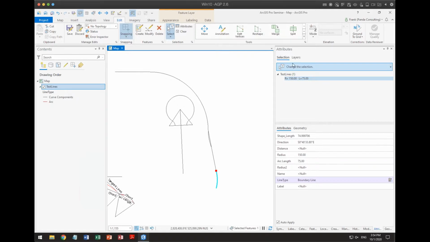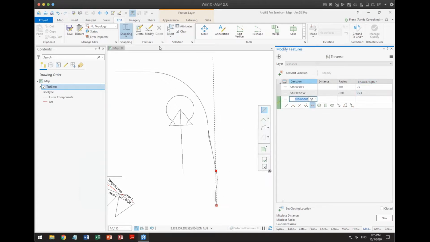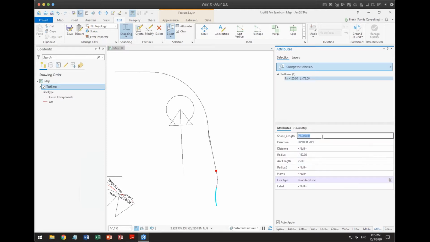So what happens as far as what it stores when I go back here and say, all right, let's use this as my tangent bearing, and this is now 150 feet, but this time I want to record the chord length on here, 75 feet. 75 feet is a chord length, and it recorded 75 feet as my arc length on here.